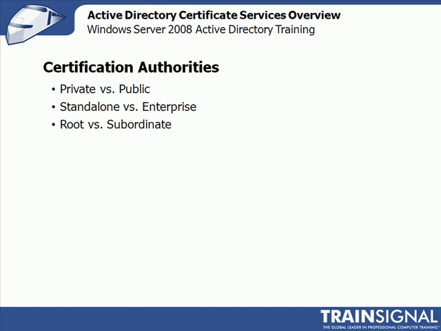This would be a CA contained within your organization. And yes, that means the use of everything that we're talking about here. Or if it needs to be a public CA. There are public certification authorities out there. One of the most well-known public CAs would be VeriSign. That's a name that you probably have heard of before. In fact, even if you think you haven't heard of VeriSign, you've probably seen the name.